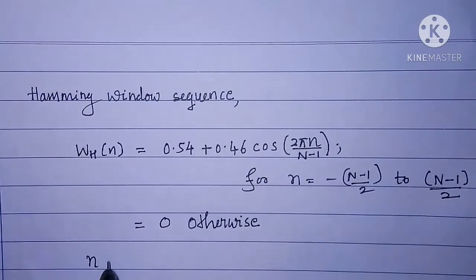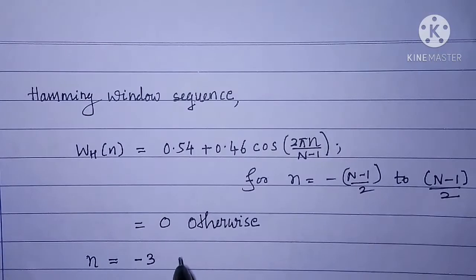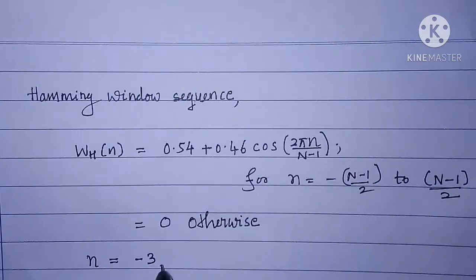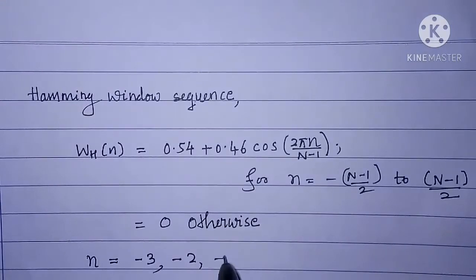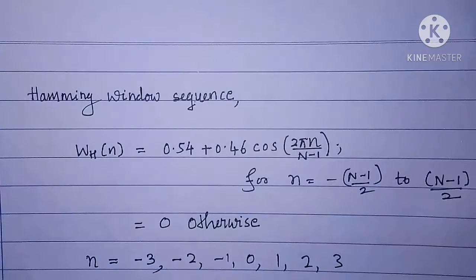So here n value varies from minus 3 to plus 3, that is minus 3, minus 2, minus 1, 0, 1, 2 and 3.